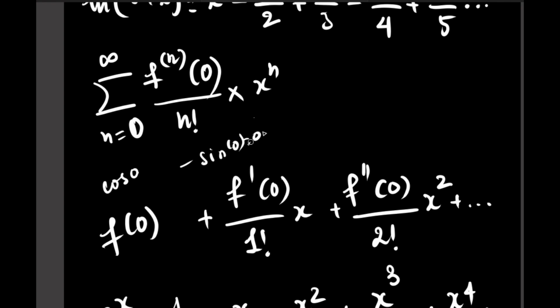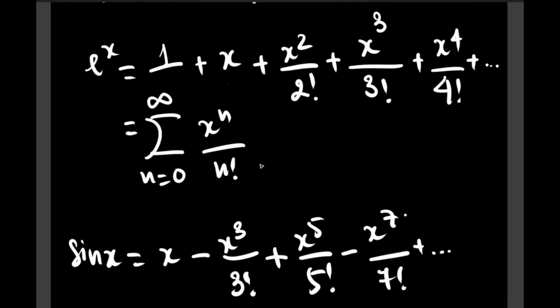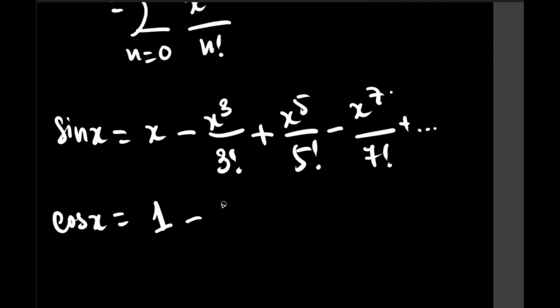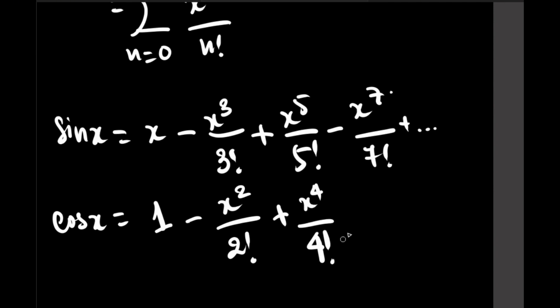The next is minus cosine 0, which is minus 1, so we have our minus sign, and that's going to be x to the power of 2 over the factorial of 2. Then we skip the next term because that's where sine 0 is equal to 0, and there's also a change in the sign. This is going to be x to the power of 4 over the factorial of 4, and then minus x to the power of 6 over the factorial of 6. It's going to look like that.